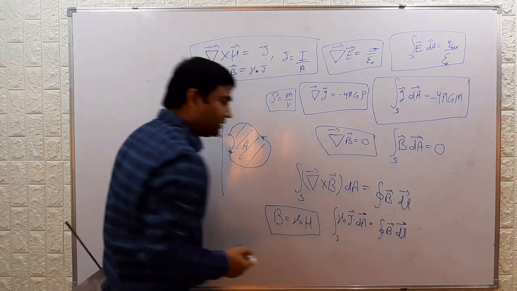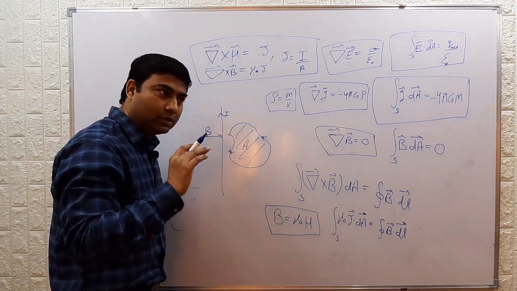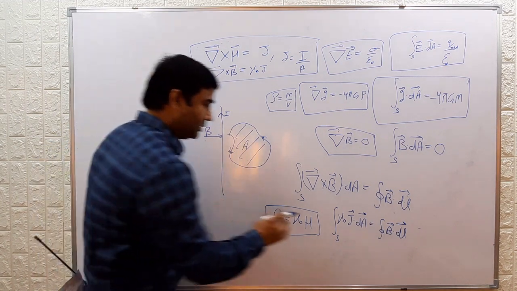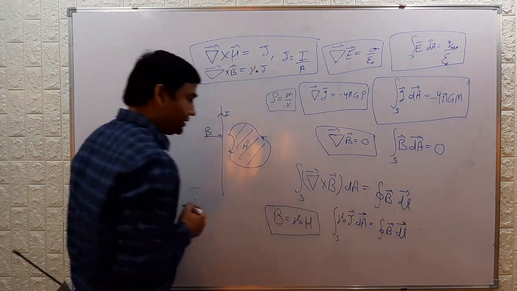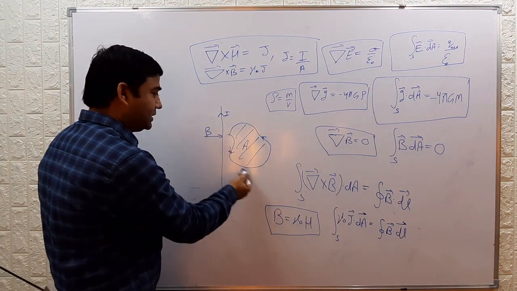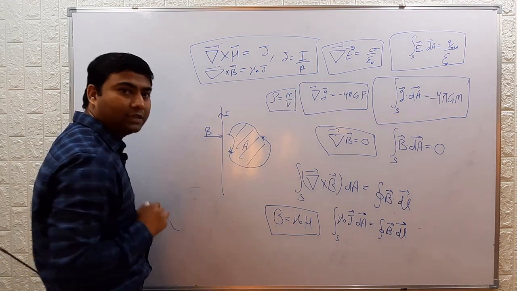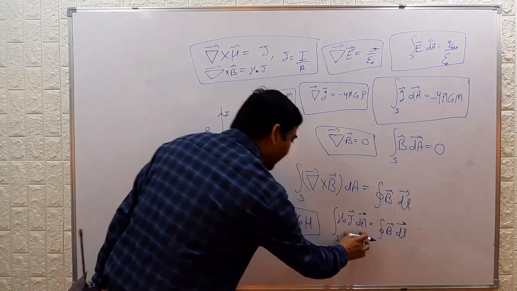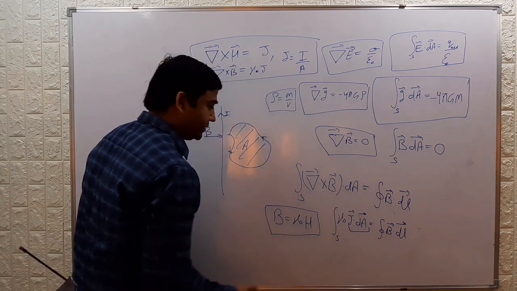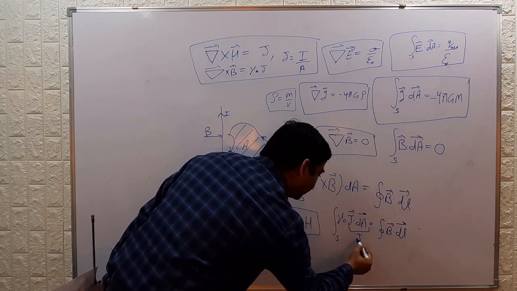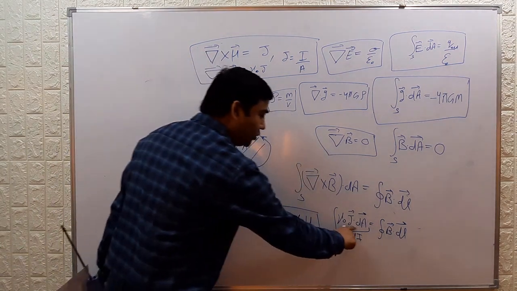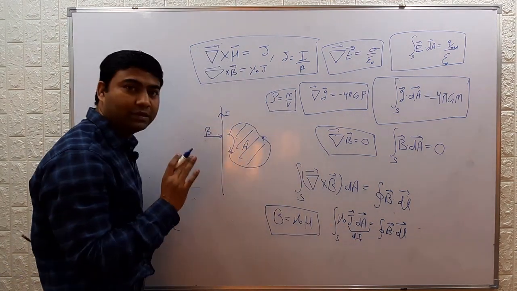J dot dA is current flowing through small area dA, and integration of this will give you total current through the surface bounded by this region. So this is nothing but mu 0 into total current. J dot dA is nothing but dI.